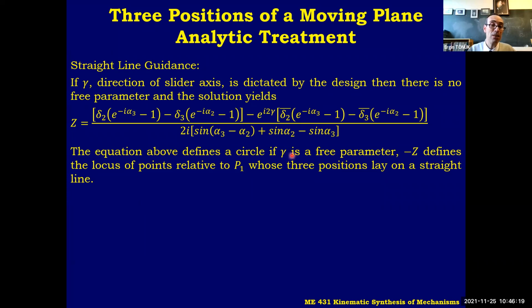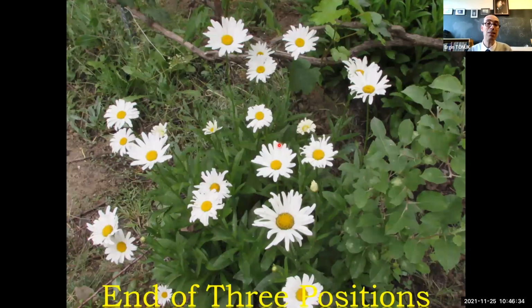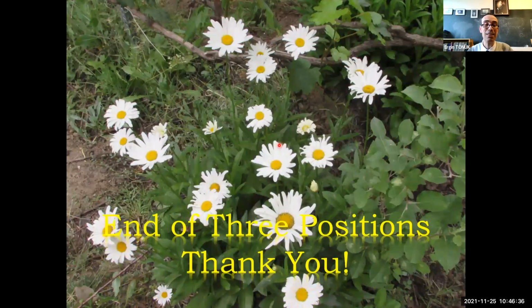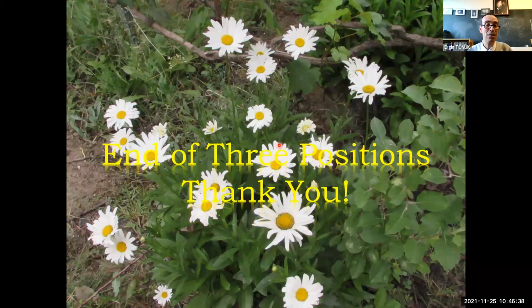If you have a fixed gamma, then you find a unique point whose 3 positions lie on a straight line. So actually, you have seen the final slide. This ends the 3 positions of a moving plane. We will start with 4 positions after the midterm exam.